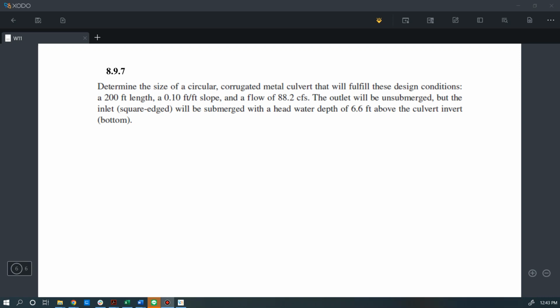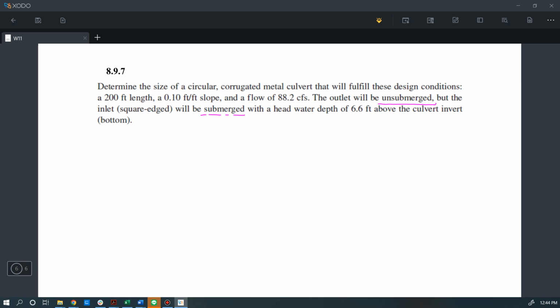And the problem tells us the outlet will be unsubmerged, but the inlet, a square edge, will be submerged with a headwater depth of 6.6 feet above the culvert's invert.